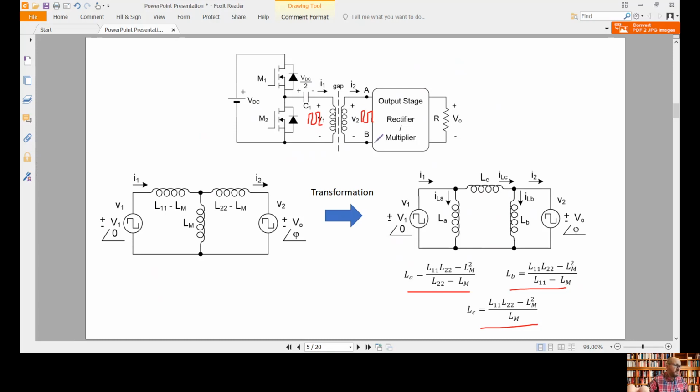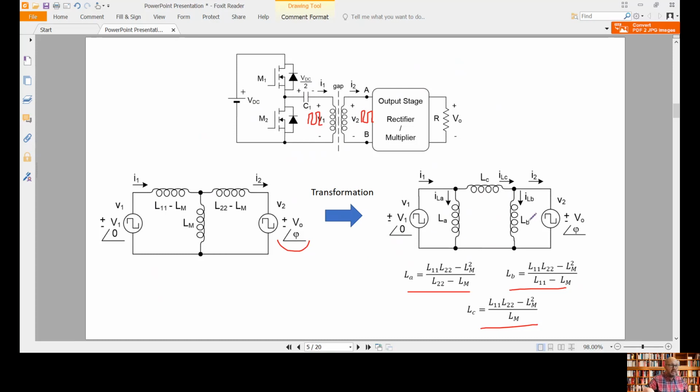So here the voltage is going to be a square waveform, but the phase is going to be given a value in comparison with the phase of V1. So we are taking the phase of V1 as the reference phase, and then at the output we are going to have this square waveform with a given phase phi.